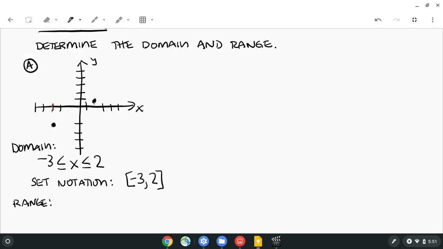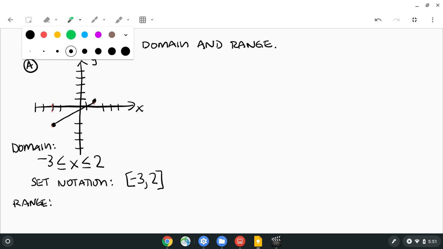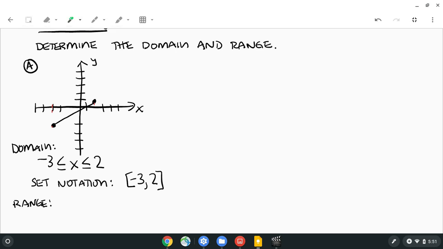Okay, so when we're talking about the range, now what we're talking about is the y values. So what y values are we using to make this graph? So here now, and I'll do this one in green. Okay, so y values. So the lowest y value starts from here, right? Okay, so from here, that's -1, and it goes all the way up to here.